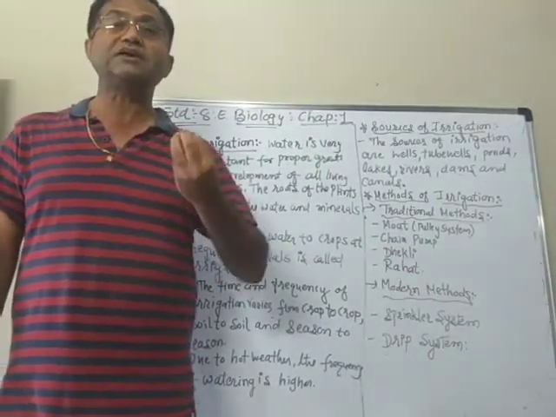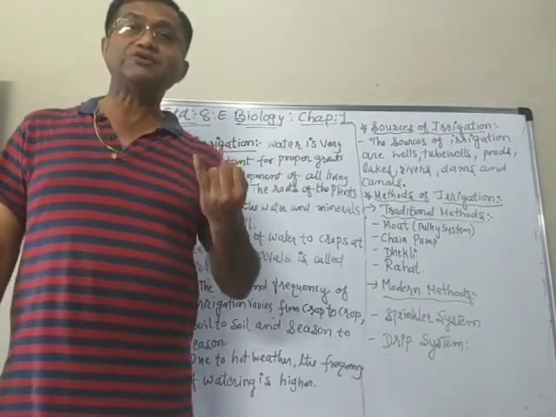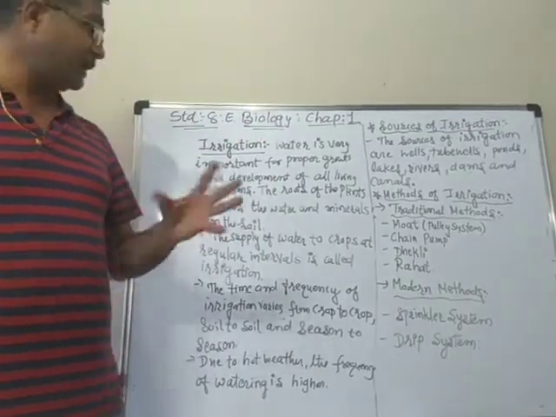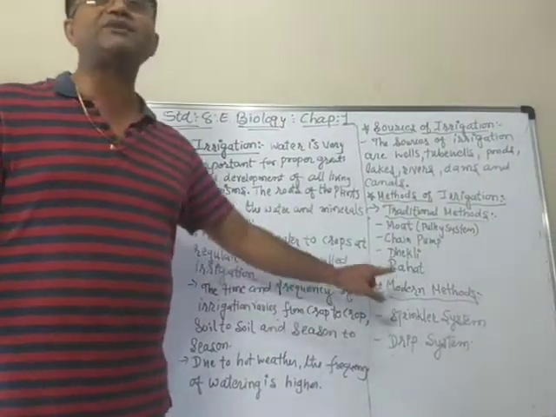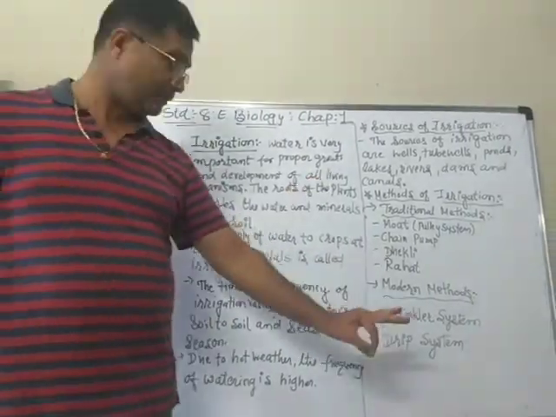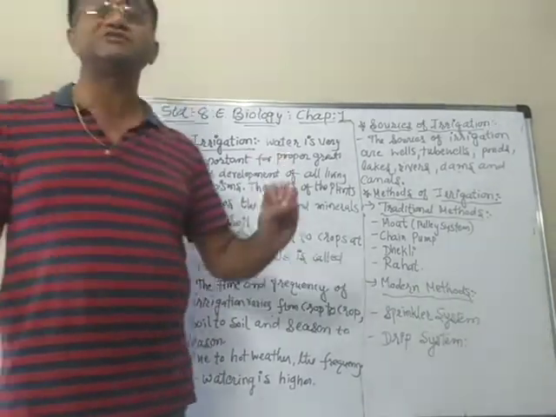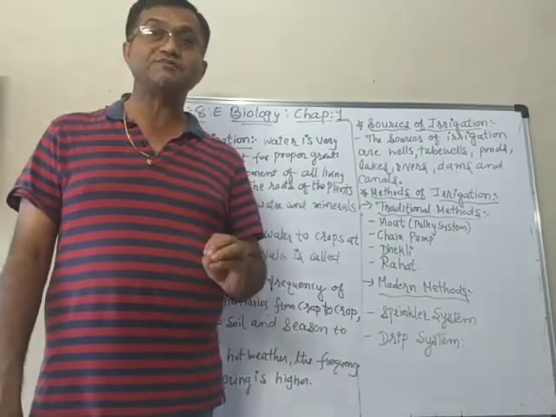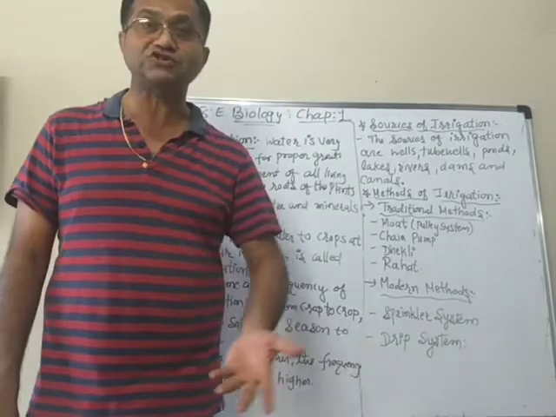But we cannot say that it is the same for everything. It varies. The proportion of irrigation and the time interval vary. Look, the time interval and the frequency of irrigation vary from crop to crop, from soil to soil, and from season to season. It means that different types of crops need different amounts of water, meaning irrigation.